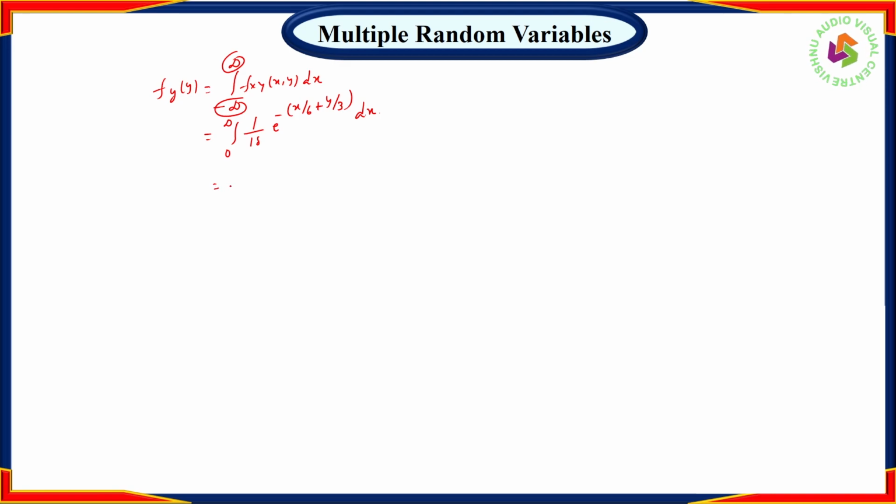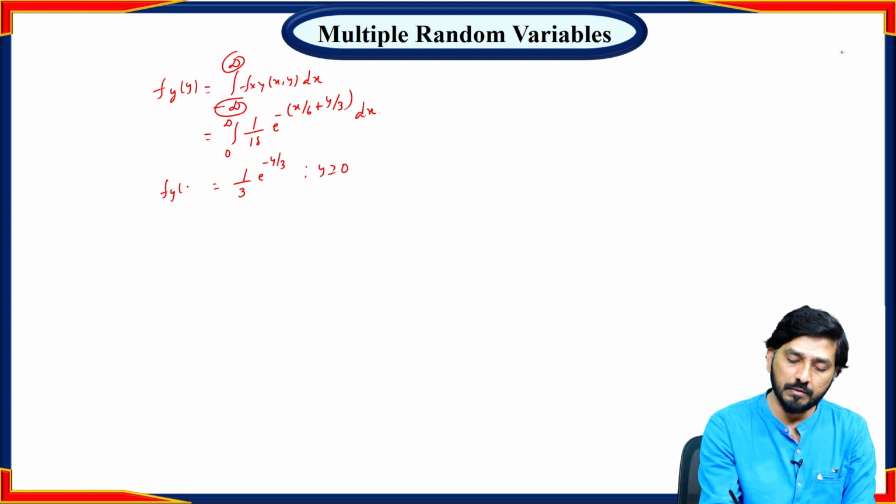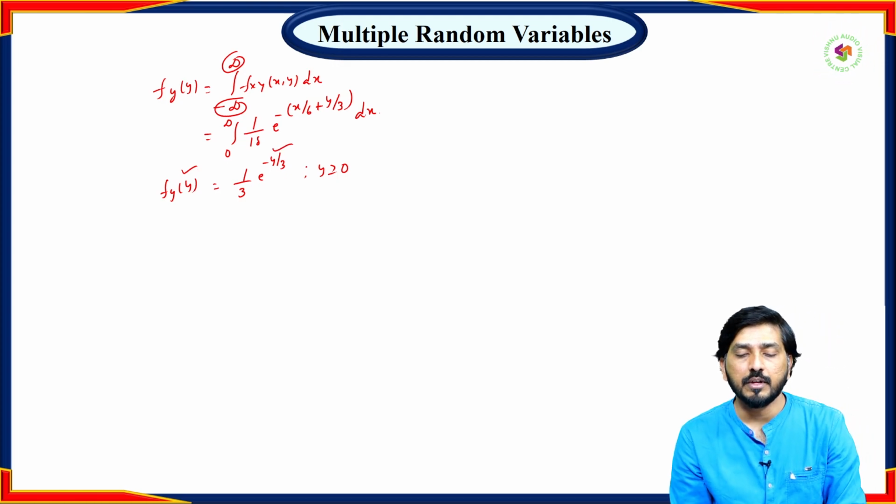On solving, similar to what we did in the earlier case, you will get 1/3 e^(-y/3) for y greater than or equal to 0. So this is the marginal density function fY(y), and the answer is in terms of y.